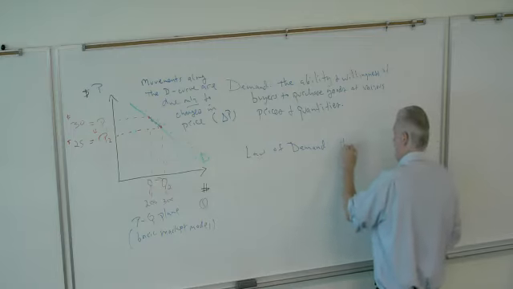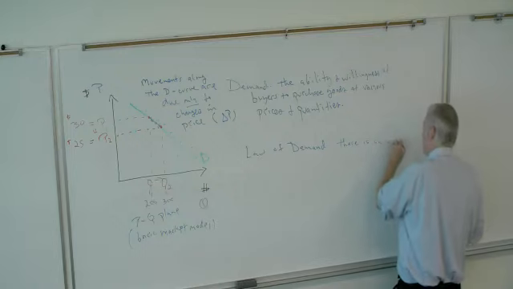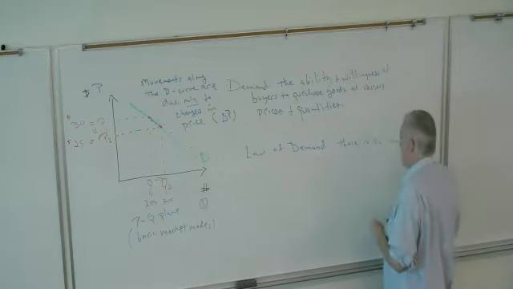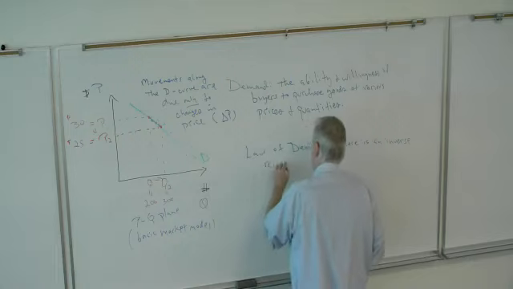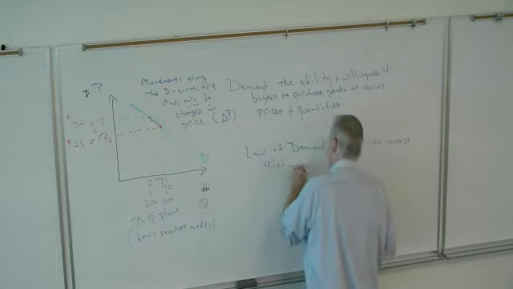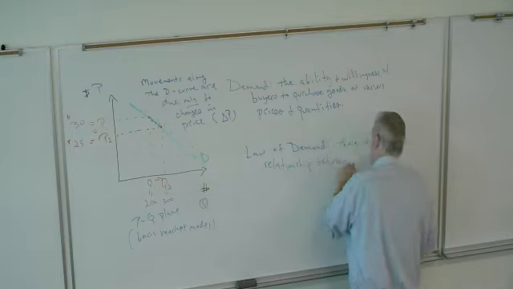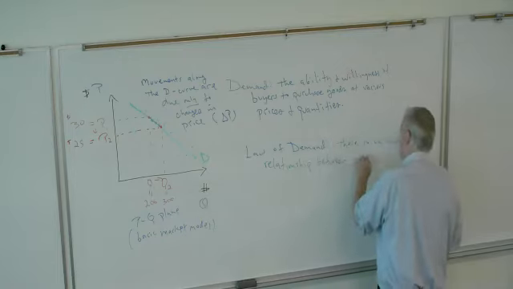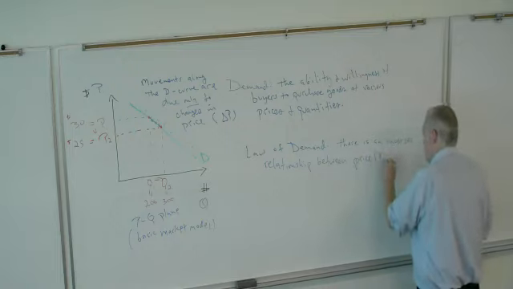And the law of demand basically says there is an inverse relationship. An inverse, indirect, negative, whatever you want to say, inverse relationship between price and quantity. Okay? An inverse or negative relationship between price and quantity. So price we know as P, right?